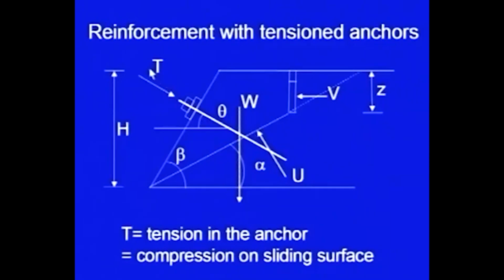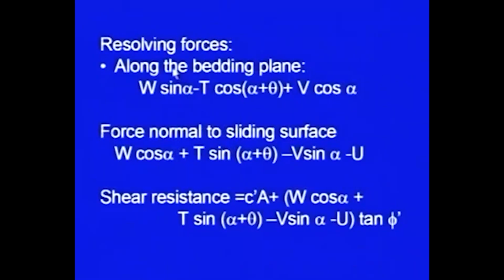So, let us say that T, this is the anchor and it is making angle theta. Now, you can resolve this force T also perpendicular to the plane of sliding and also tangential in the same direction with the plane of sliding, and then we can do the further analysis.